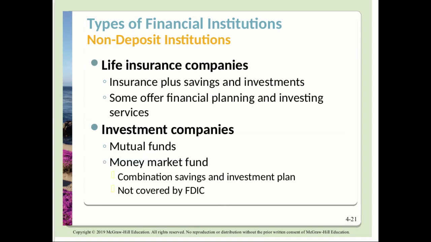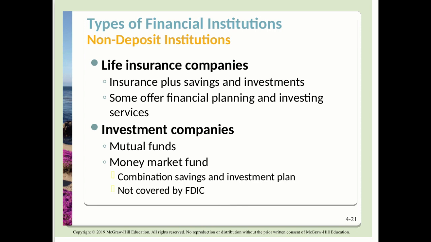Now, non-deposit institutions, things like life insurance companies. You can buy a life insurance policy, and we'll talk about this later in the semester, where you're getting pure protection as far as your life or something along those lines, and you could also have what's called a whole life policy where you have an investment portion to it.